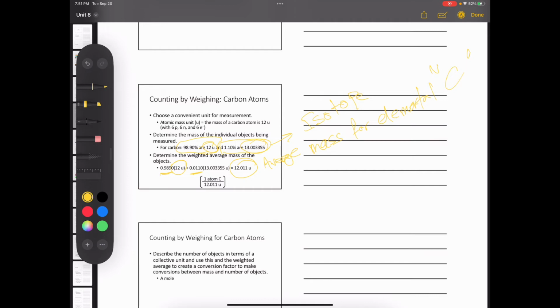So every atom of carbon would weigh 12.011 atomic mass units. And that's the number that you see in the periodic table.